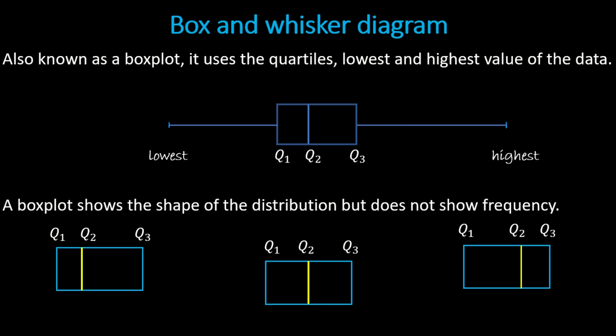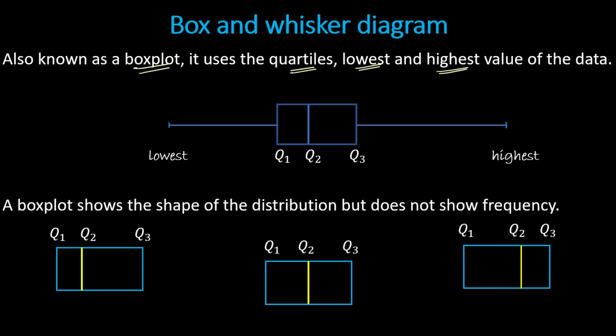Box and whisker diagram is also known as a box plot. And what are the informations that define a box plot? They are the quartiles, the lowest value of the data, and the highest value of the data. Right? Below is an example of a box and whisker diagram.